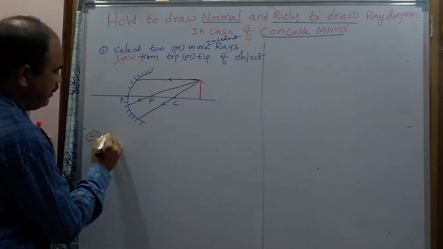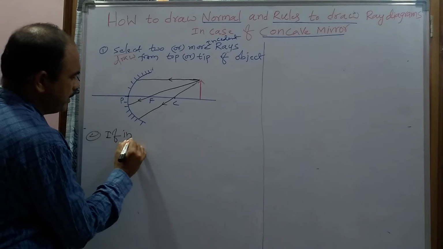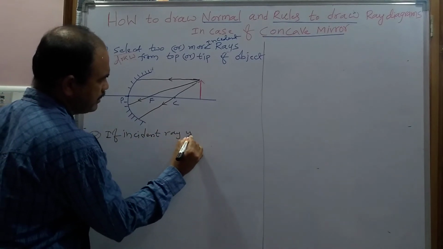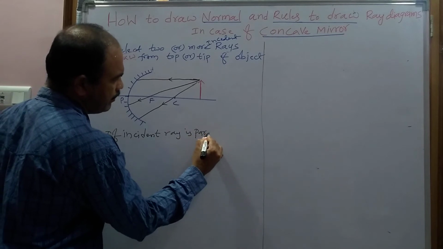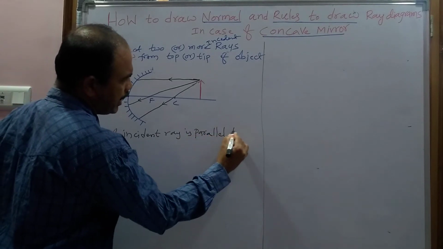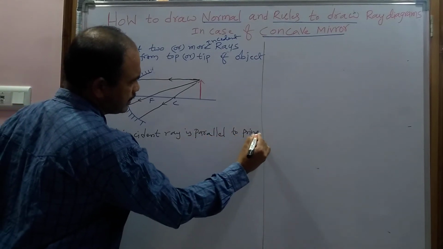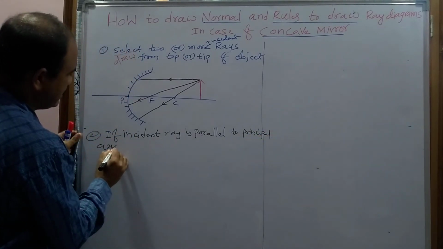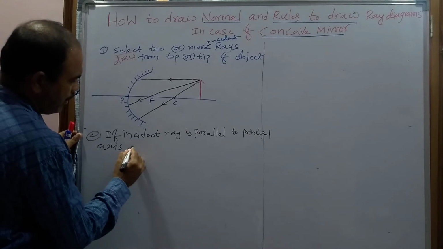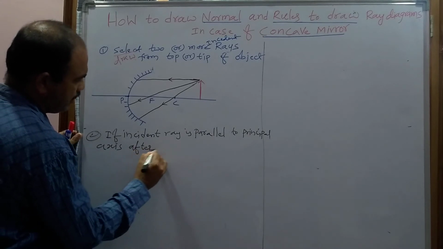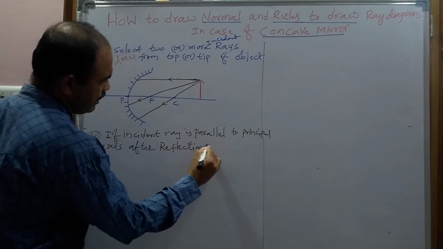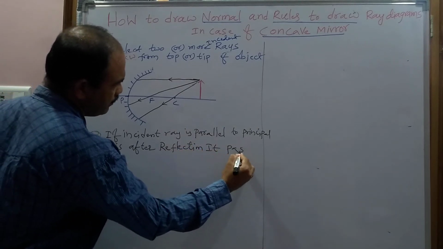Second rule. If the incident ray is parallel to principal axis, what happens? After reflection, it passes through focus.